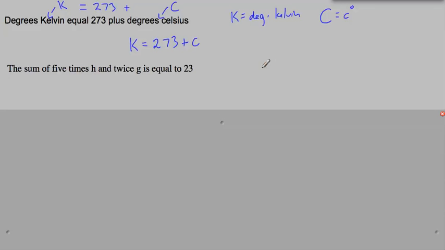Now we get a little tricky sometimes. Here the variables are given to us. We don't need to define them. They don't have any meaning beyond just the variables because we don't have any meaning to assign to them. But we are told that the sum, so here's some key words. Sum means addition, so we're going to have a plus out there, of 5 times h, so we've got a product as well, 5h, and twice g, or 2g.